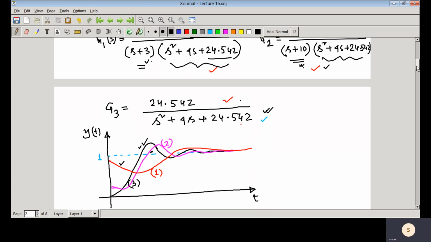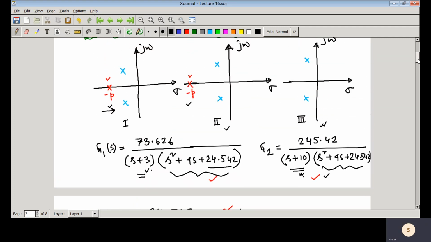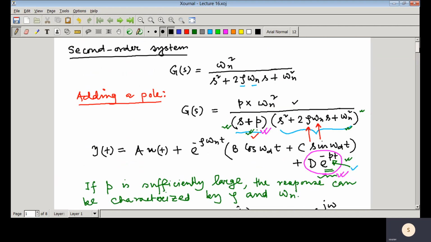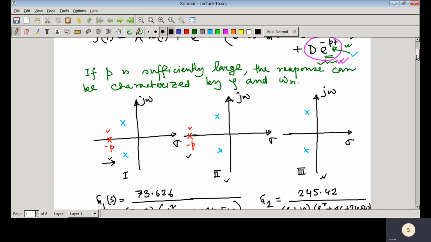So from this particular discussion, what we have seen is, whenever we introduce a pole to a second order system, if the pole is moved away from the origin, then the dominating poles are the second order system's poles.